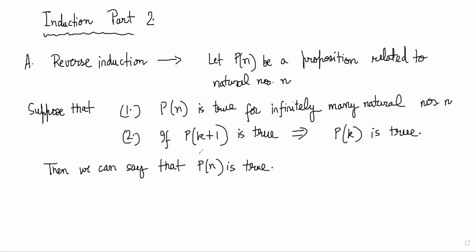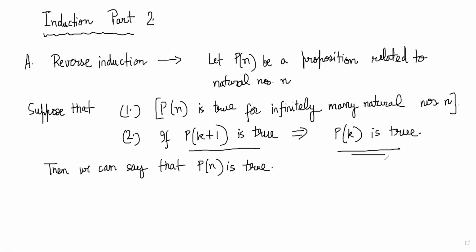Now, notice here that the first step, the base case, is not P of 1 is true, but that P of n is true for infinitely many natural numbers. You have to show that basically for n greater than some particular value, P of n is always true. So that is satisfied for infinite n. And then you go in a backward direction. From P of k plus 1's truth, you have to imply that P of k is true.